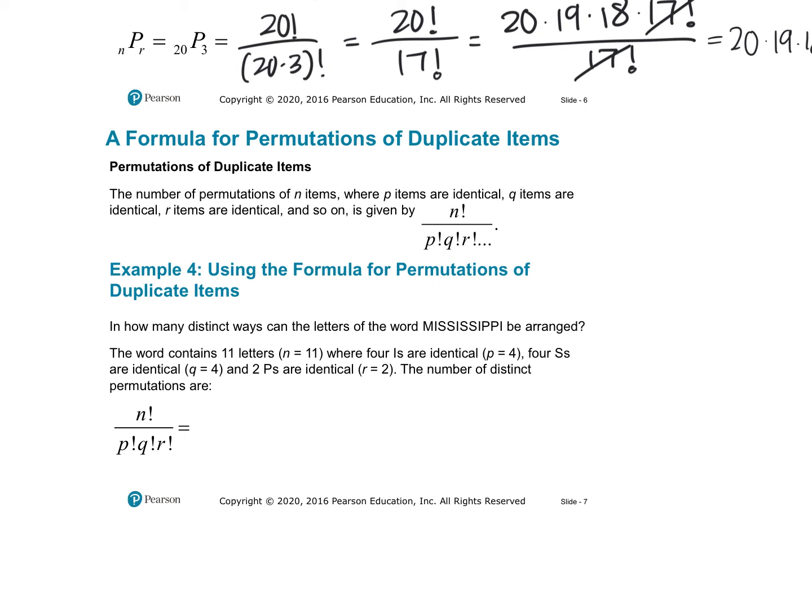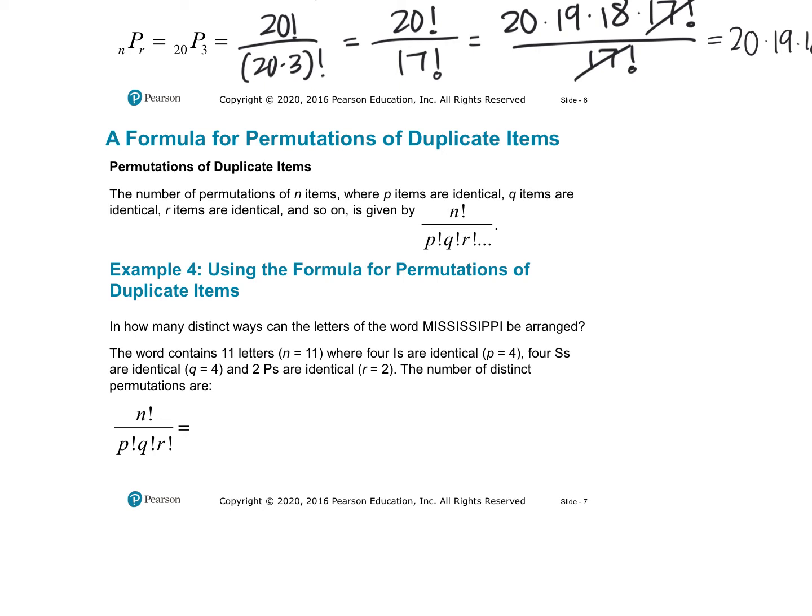It says, how many distinct ways can the letters of the word Mississippi be arranged? The word contains 11 letters. So that's your n. You can't add more to Mississippi. There's nothing to add to it to make the word Mississippi. It's stuck with those 11 letters.